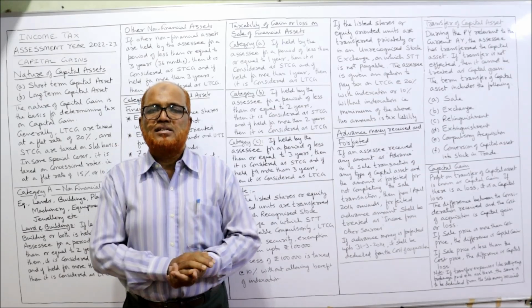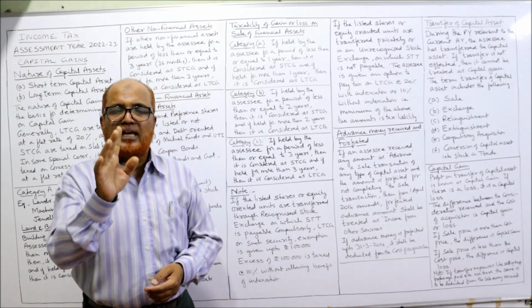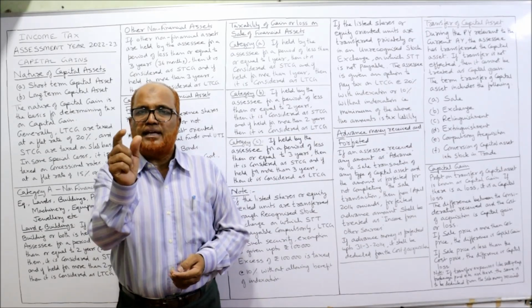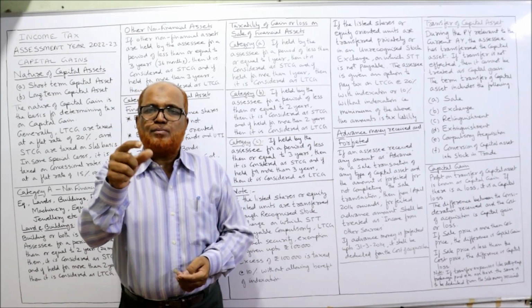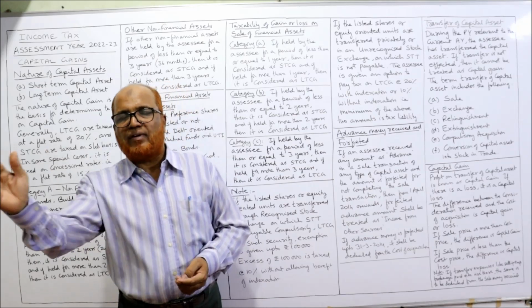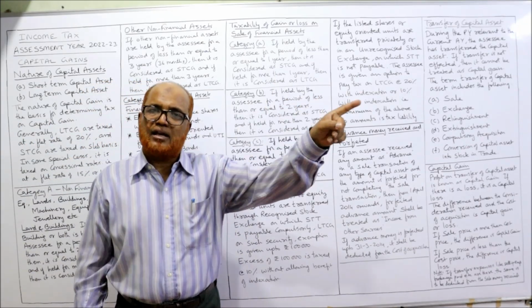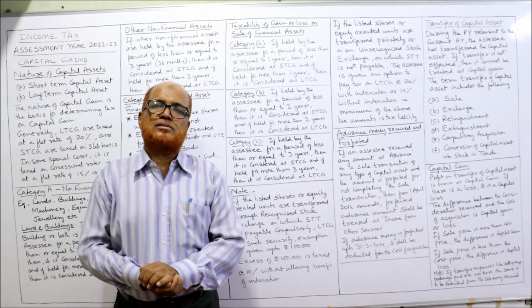If the advance is received after 1st April 2014, this is the date. So if advance money is received and forfeited after 1/4/2014, then the advance money is taxable under income from other sources.